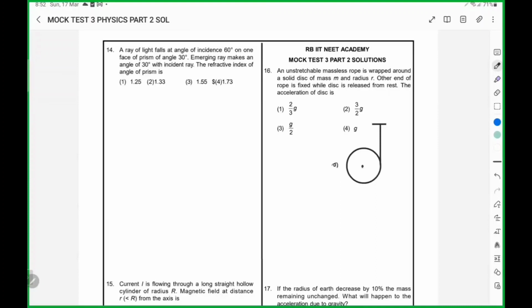Once it is released from rest, because of its weight, it rolls down vertically.